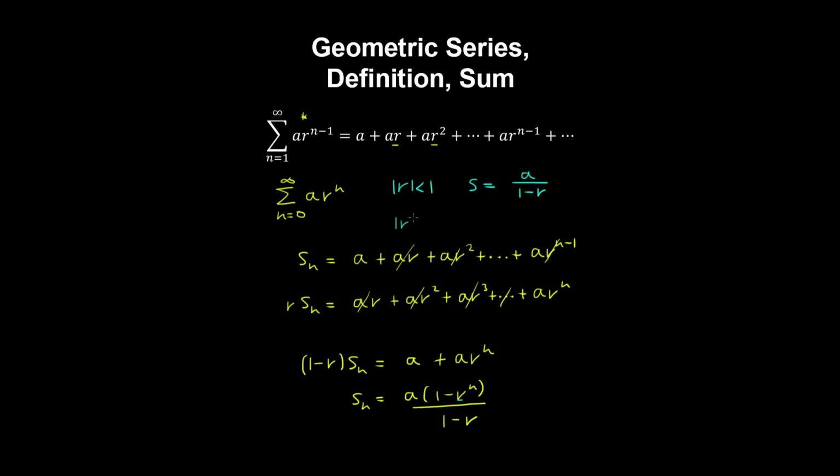Now if the absolute value of r is greater than 1, then we can see that this term goes to infinity as n approaches infinity, and therefore the series diverges. And if r is equal to 1, then we get a divide by 0 and the series diverges.